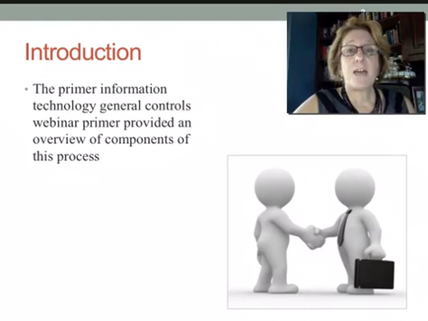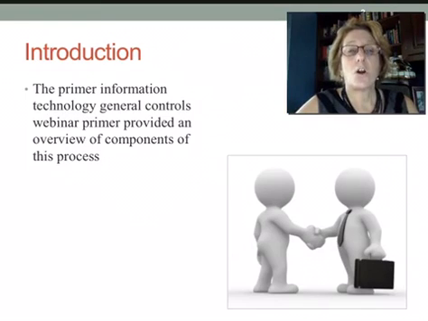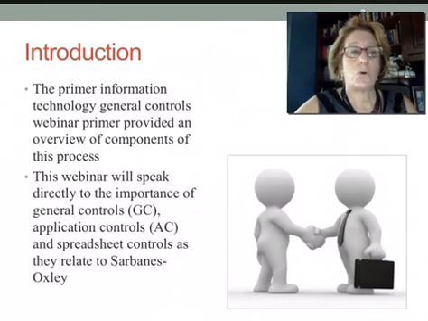So things have transpired a lot, and the changes in Auditing Standard 5 along with the new COSO have us take a stronger look at what types of testing and documentation we are doing around our information technology controls. So this webinar is going to speak directly to that.